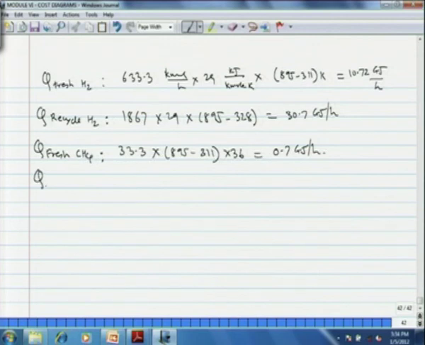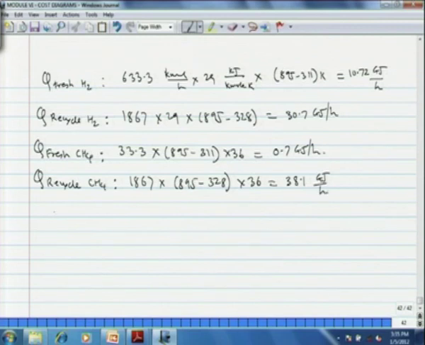Then Q for recycle methane, 1867 molar flow rate, temperature 895 minus 328 into 36, 38.1 gigajoule per hour.